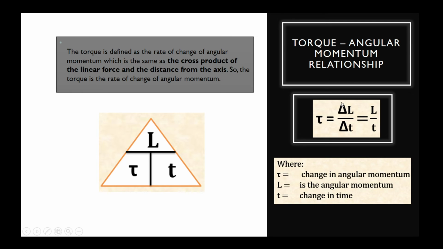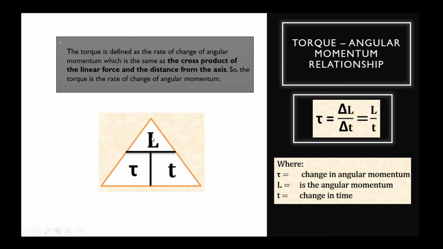Now, in order for us to be familiarized with this formula, our teacher provided us a very helpful pyramid formula, which is, as a matter of fact, very easy to use. All you need to do is cover up what you want to find.